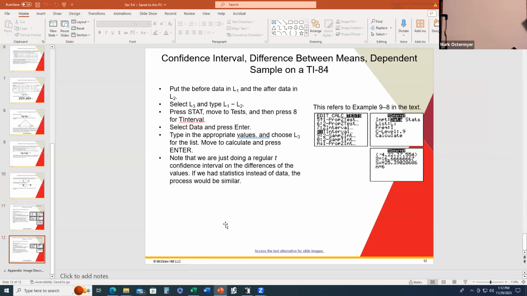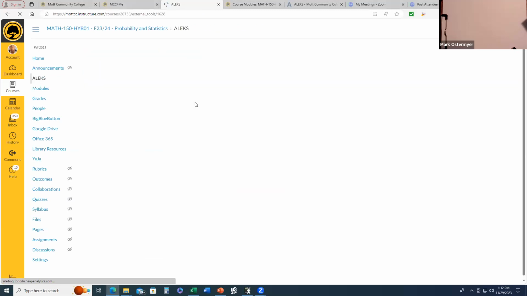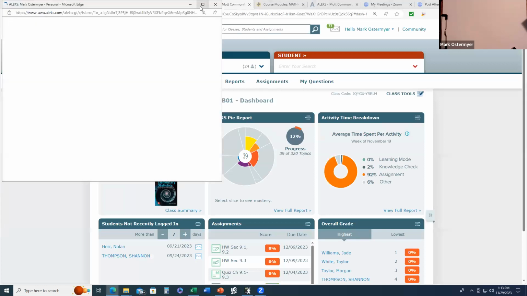All right, good. Well, let's go see if we can have some fun in our textbook and maybe apply some of this here. These problems are going to be coming from section 9.4.